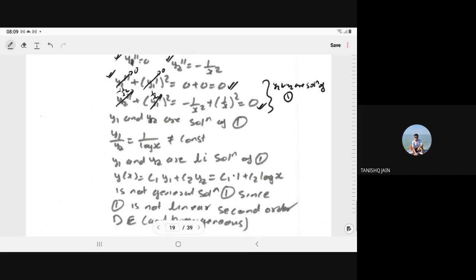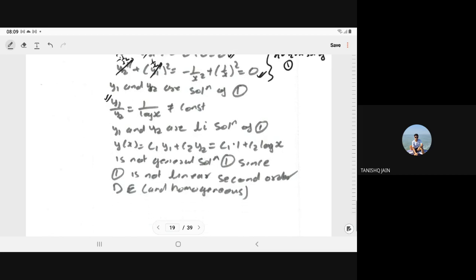If you take the ratio y1 upon y2, it comes to 1 upon log x, which is not a constant. So we can say that y1 and y2 are linearly independent solutions of the first equation.